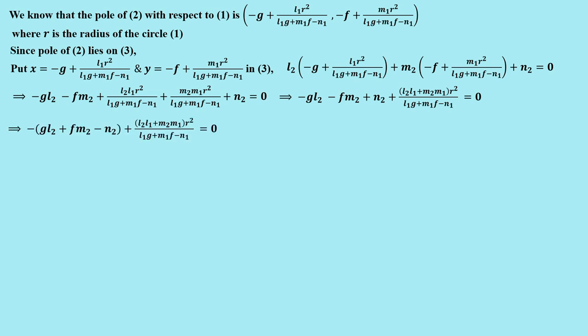Therefore, taking the minus outside, minus GL2 plus FM2 minus N2 plus the remaining term, L2 L1 plus M2 M1 into r square by L1G plus M1F minus N1 equal to 0. Therefore L2 L1 plus M2 M1 r square by L1G plus M1F minus N1 equals GL2 plus FM2 minus N2. We are taking the left hand side term to the right hand side. So thus 1 implies 2 is proved.